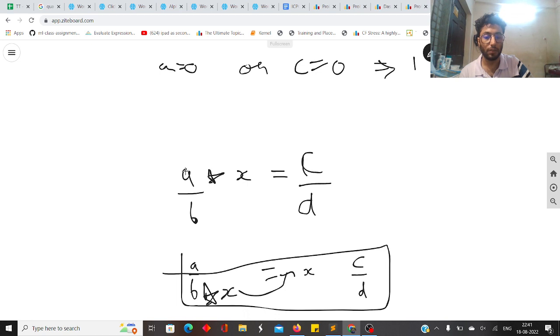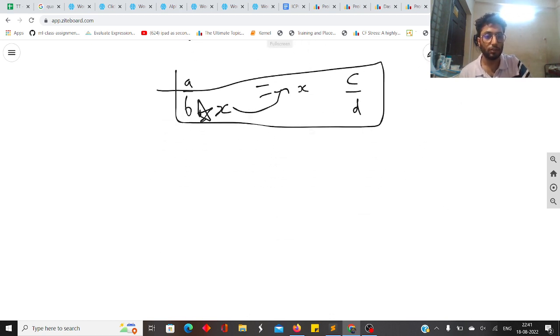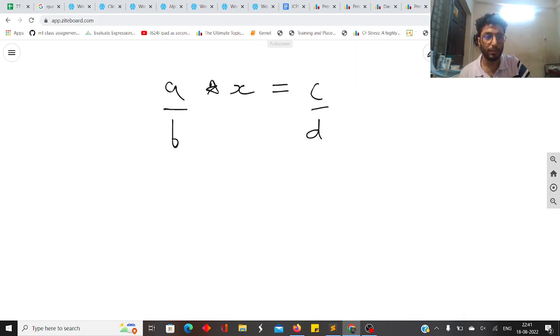In one case we multiply the numerator of a by b with x, and we try to equate both fractions. So let's try the first case, when we multiply the numerator of one of the fractions by x. x is an integer that we choose, and this becomes equal to c by d. Let us rearrange the equation. In that case, x is equal to b into c divided by d into a.